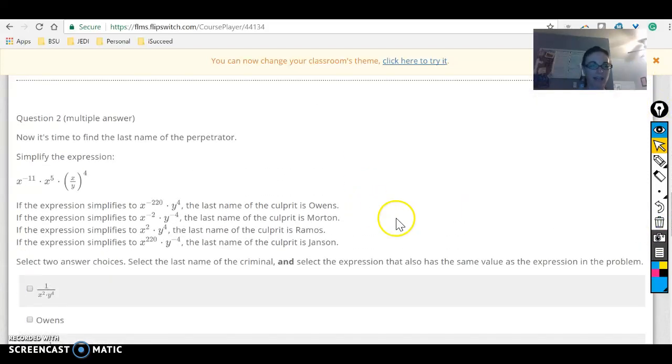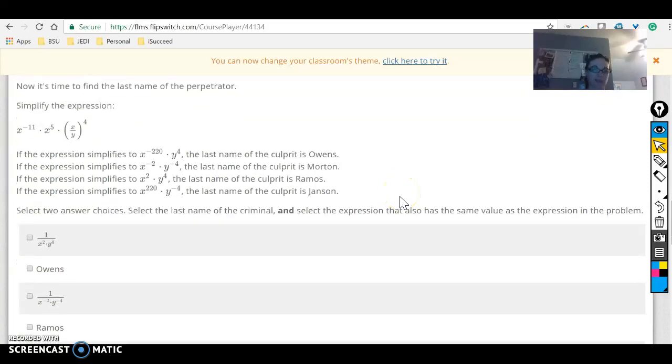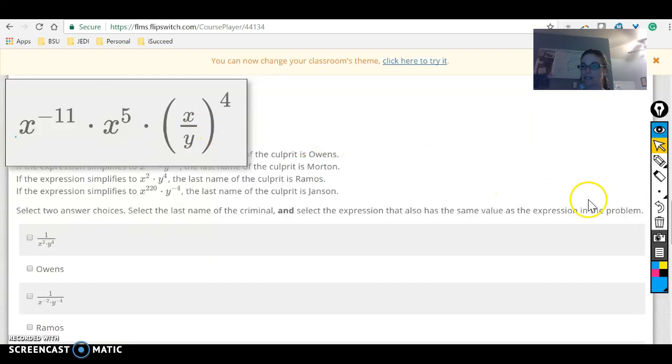Now let's find the last name of our perpetrator. And we have to simplify this expression. In this case, I might do a couple steps at the same time. I'm going to combine my x to the negative 11 and x to the 5th in one step.